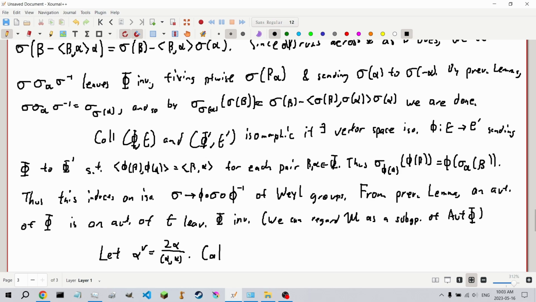We're then going to call the subset of E corresponding to these things the dual or inverse of phi.